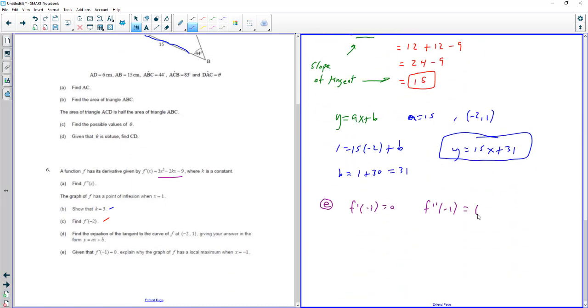So this is going to be 6 times negative 1 minus 6. So this is going to give me negative 12.